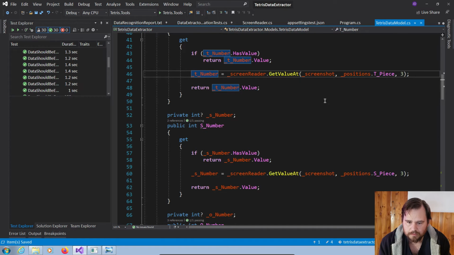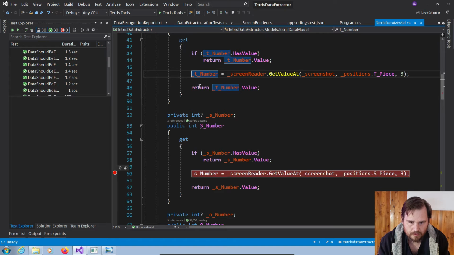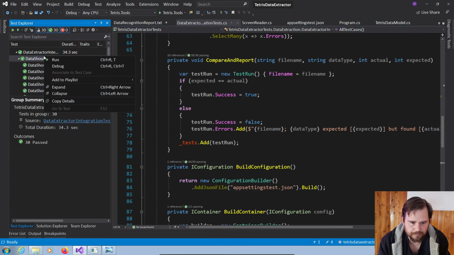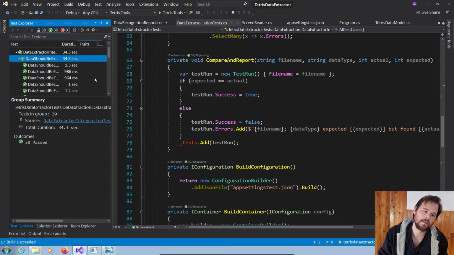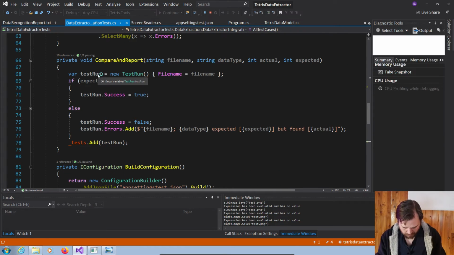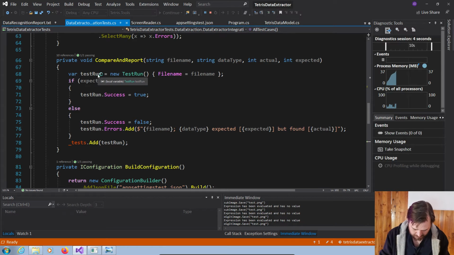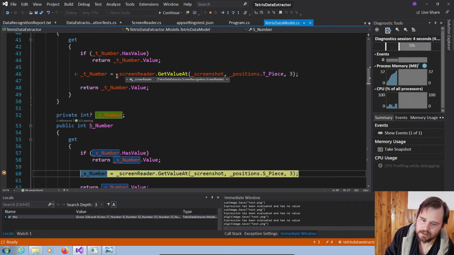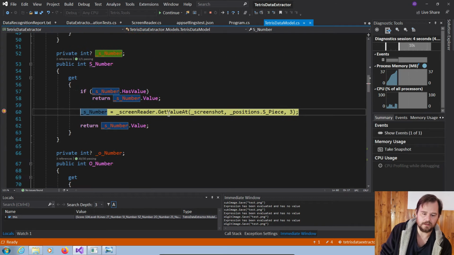And we'll put a breakpoint in our S. Okay, and we'll debug our test again. So my goal is that we can actually get the data from a screenshot in its entirety in way under a second. But efficiency will have to come later.